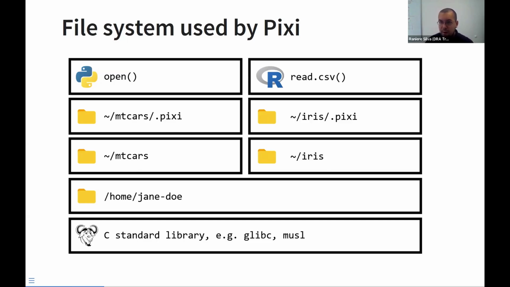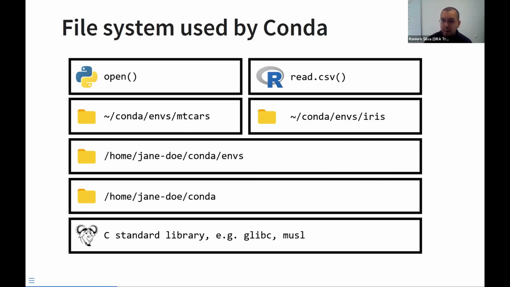This is a little bit different from how Conda does things, because Conda has its own folder, .conda/environments, and it stores files there. Even if the name of your environment is the same, Conda will store files in a separate location that's not in your project. That's one difference to keep in mind between Pixi and Conda.